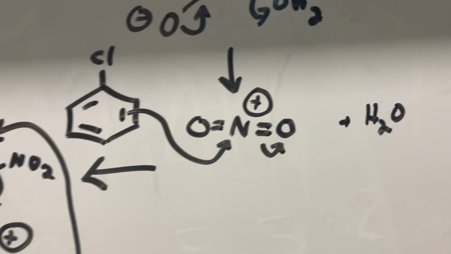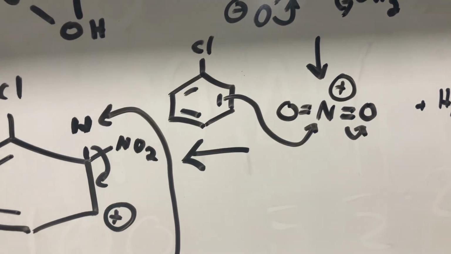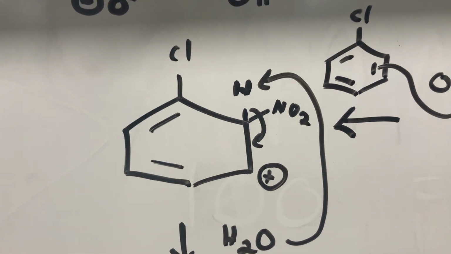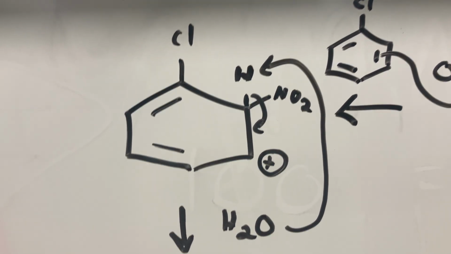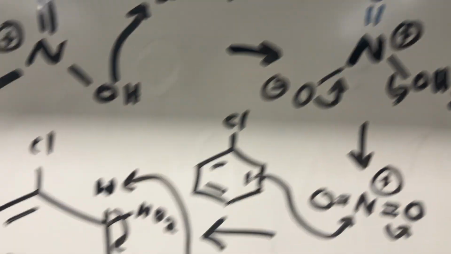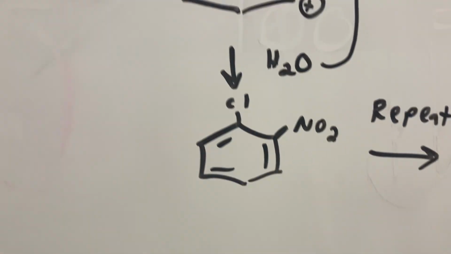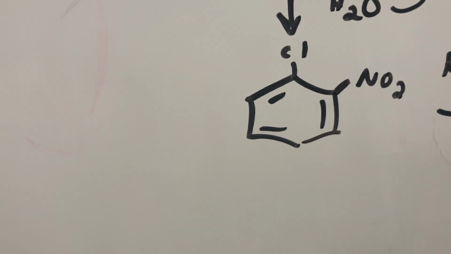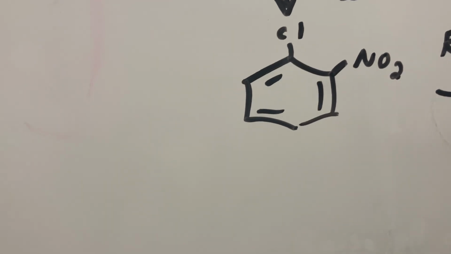This is a strong electrophile, which will then be attacked by the pi bond in benzene, adding just like this, and we will restore aromaticity with the water formed by the leaving group up here as a base, producing that pi bond again. And this will add either para or ortho.